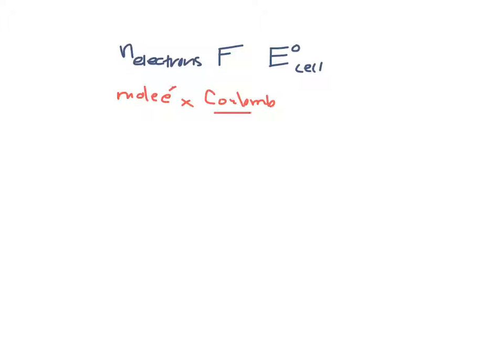If we multiply together our number of electrons, or rather our moles of electrons, times the Faraday constant, times the voltage in the cell, or you can call it the cell potential, that gets us units that look like moles of electrons times the coulombs per mole of electrons times the joules of energy per coulomb.